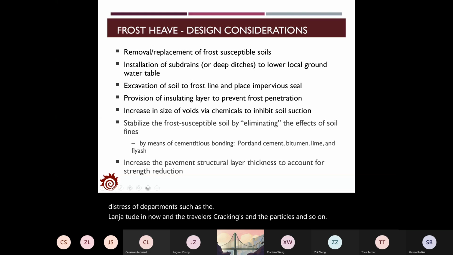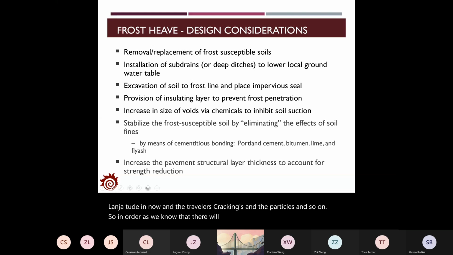As we know, there are a lot of potential reasons for frost heave, so in the design, we need to think about how to minimize its impact. The most intuitive way is to just remove or replace the frost susceptible soils, and this is very intuitive.